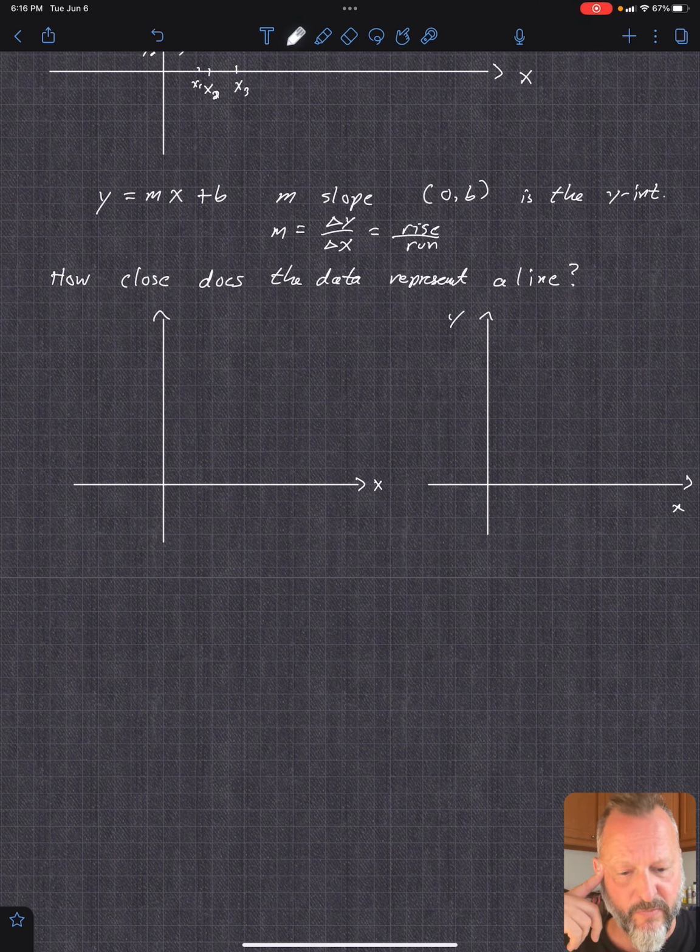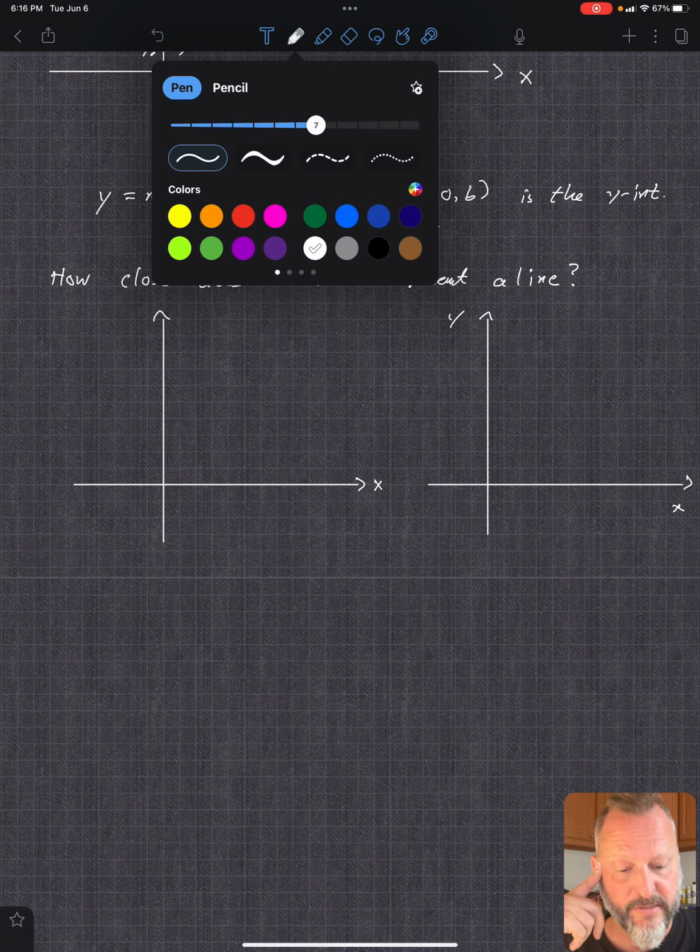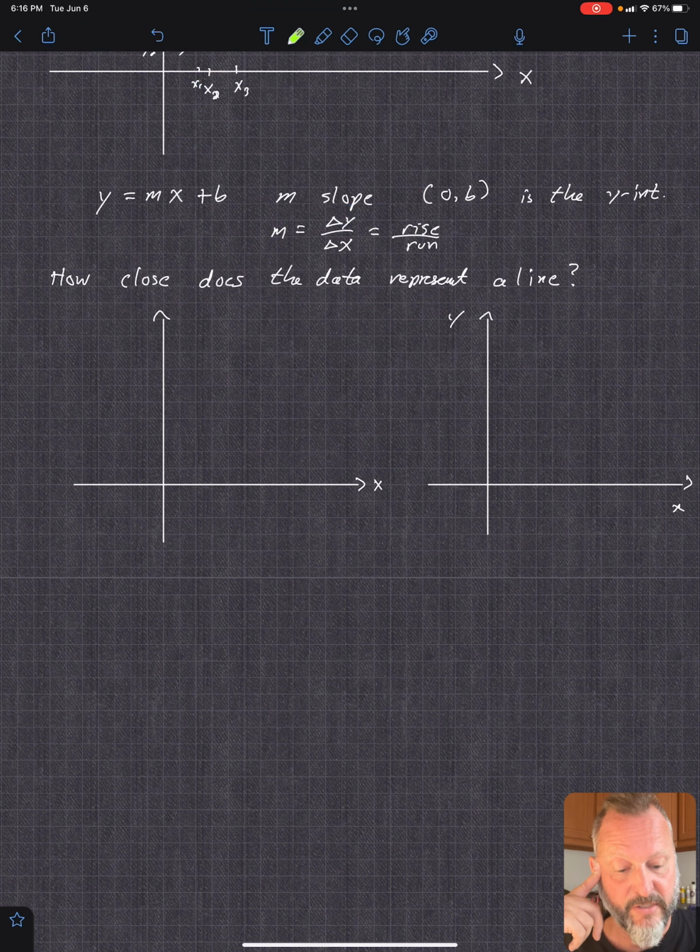You could have one that's just not correlated at all. Let's change the color just for fun. Okay, let's do green. So you could have just a bunch of data points like this. Well, there's no correlation for that one.